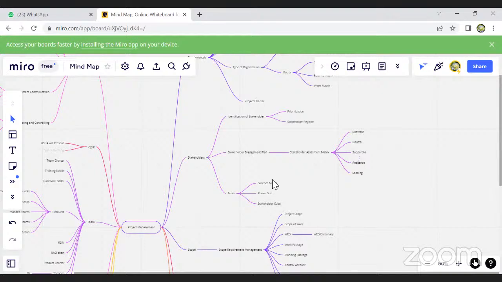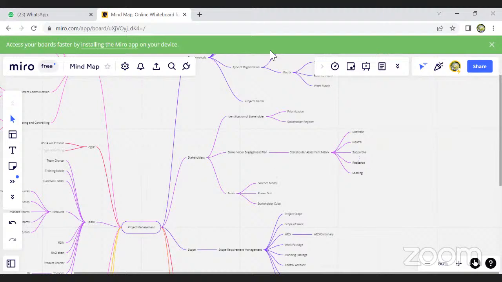Once we identify these stakeholders, we look at how to identify them. We can go through interviews, brainstorming, meetings, and other facilities. Once we have done this, we move toward the second part, the stakeholder register, in which we take all the data and register the stakeholders.